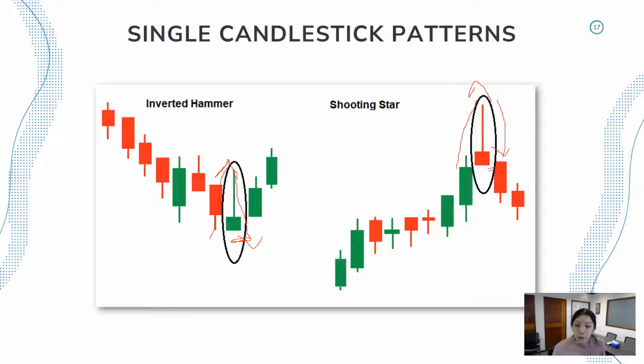So whenever you see a short body and a longer wick, for example this inverted hammer, it means that it's going to be bullish. Whereas on the shooting star, when you see a small body and a longer wick on top of it here, it means that it's going to be bearish.